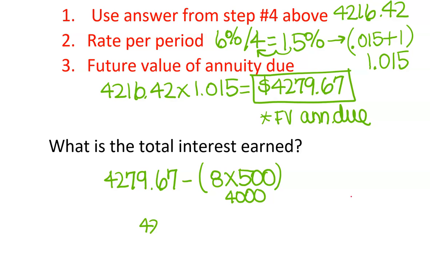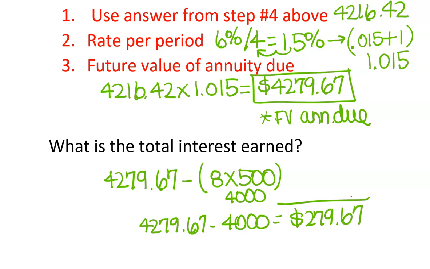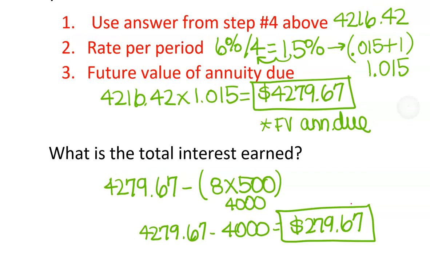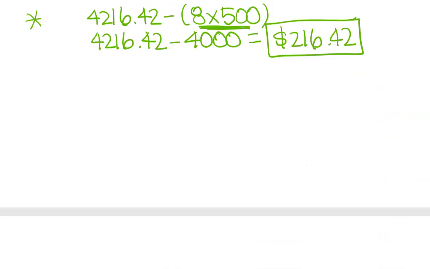So interest would be 4279.67, and you subtract 4,000 out of there. That's 279.67. So the annuity due at the beginning of the period earns $279.67 in interest.